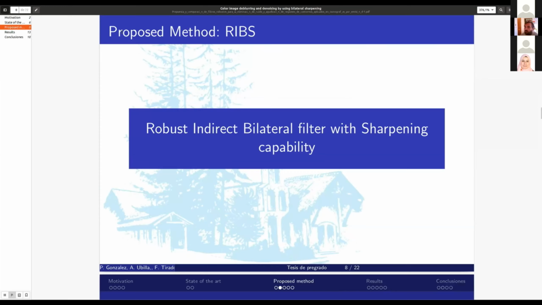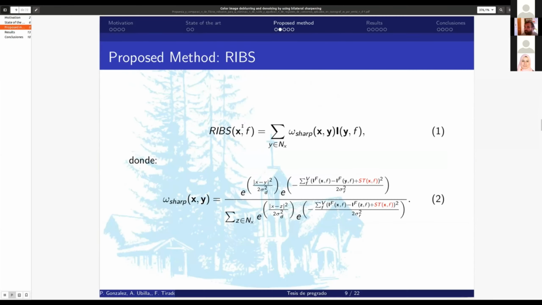Okay, our method we name the robust indirect bilateral filter with sharpening capability. The definition is RIPS. Okay, our method calculates the bilateral process by considering these weights, but the weights consider the two kernels, a spatial kernel and a photometric kernel.